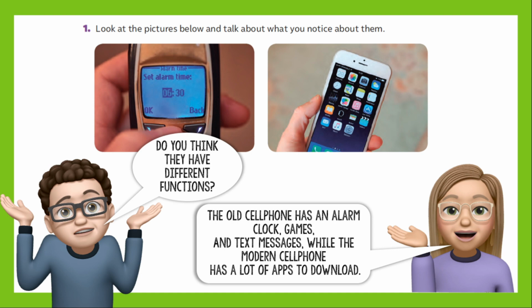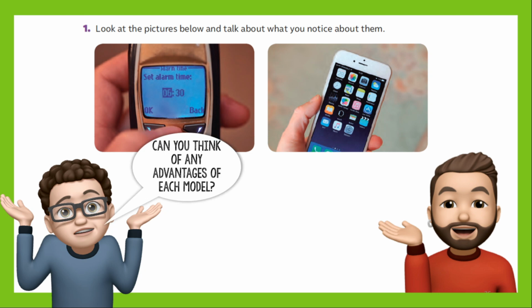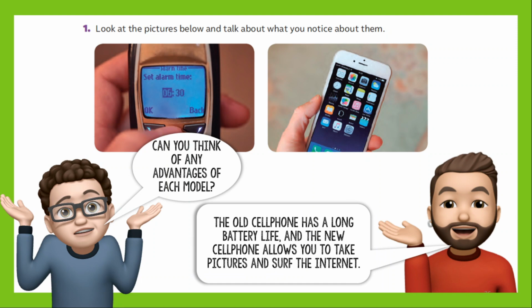The old cell phone has an alarm clock, games, and text messages, while the modern cell phone has a lot of apps to download. Can you think of any advantages of each model? The old cell phone has a long battery life, and the new cell phone allows you to take pictures and surf the internet.